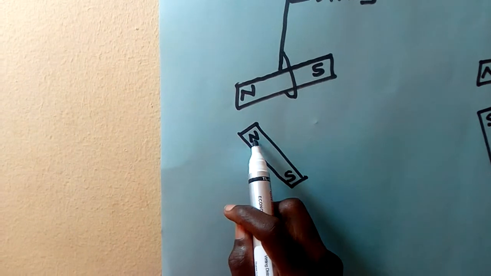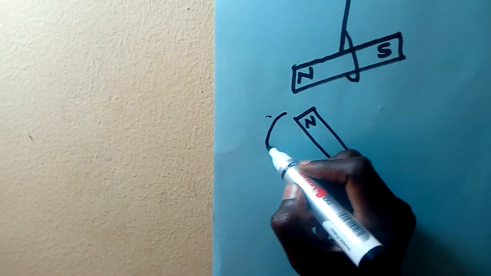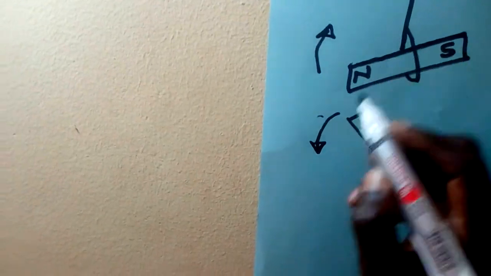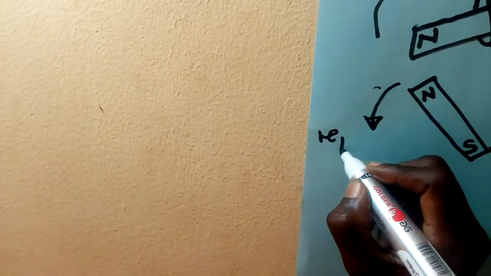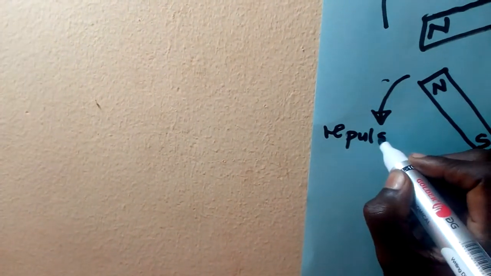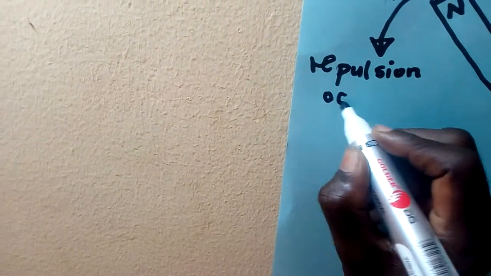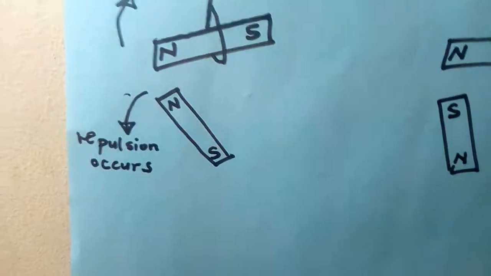What are we going to see here? North and north, they are going to repel. Repelling means this one will move away, the other one also moves away. So here we are going to have the two magnets repelling. So we have here repulsion. Repulsion occurs. What about here?